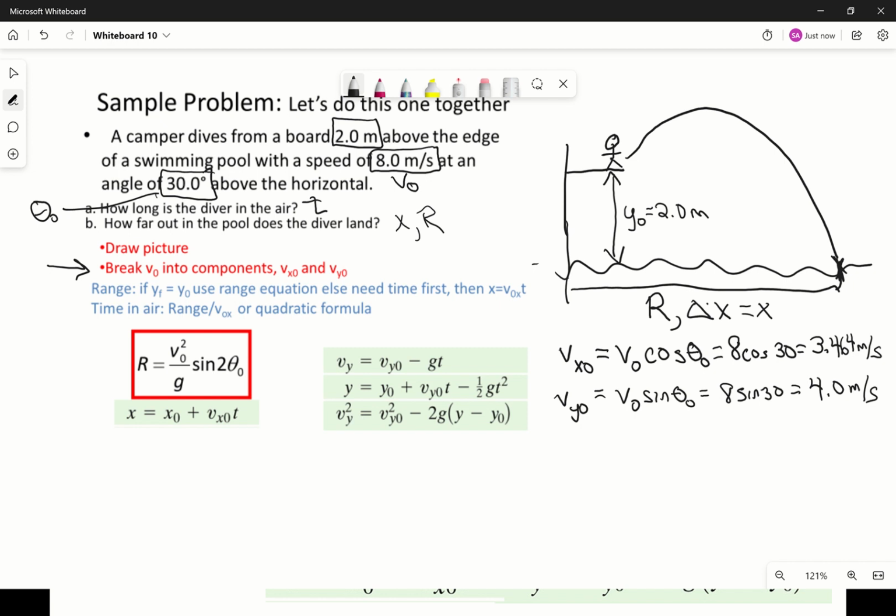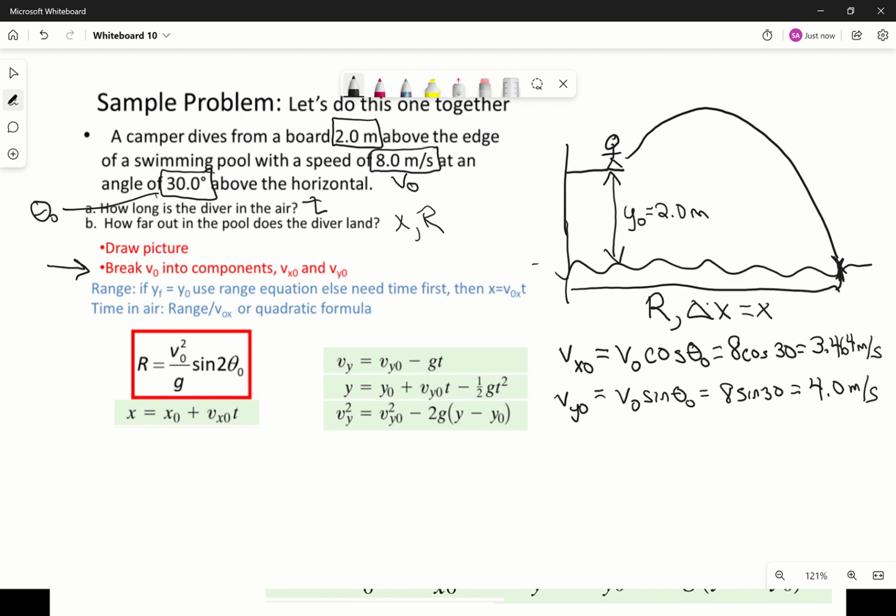So we want to know how long is the diver in the air. So we want to know time. So remember our second row in that table there. To find the time in the air, we either use the range divided by v0x, or we use the quadratic formula.